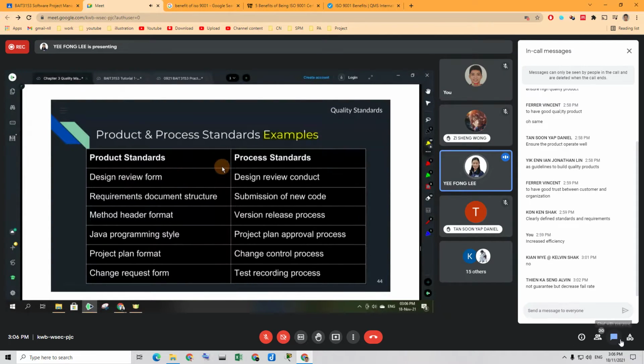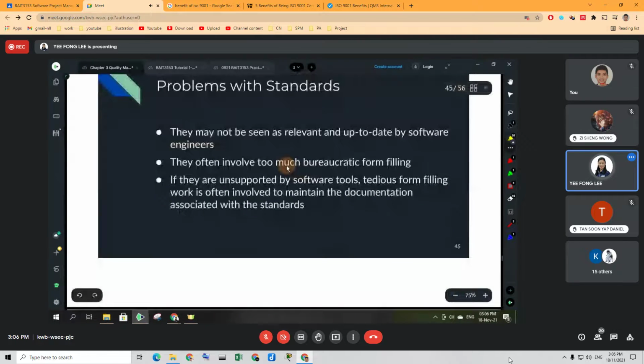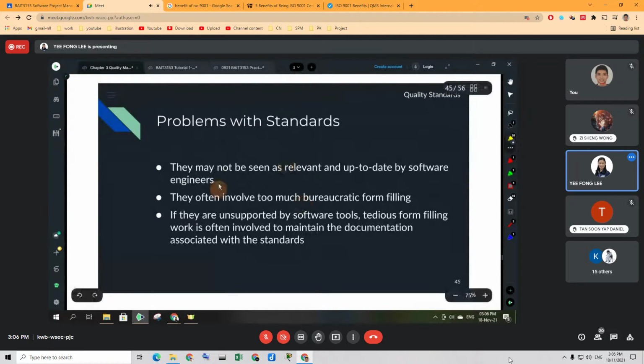Let me look at the next one again. So what's the problem with standards? They may not be seen as relevant and up to date by software engineers. Software engineers sometimes might think the standard is irrelevant to the technical activities of software development, particularly when the project standard requires tedious documentation and work recording.